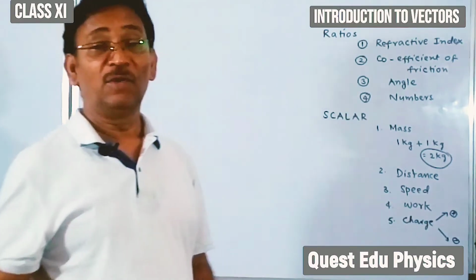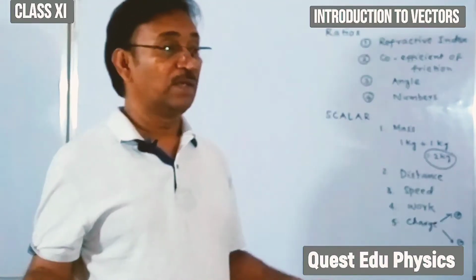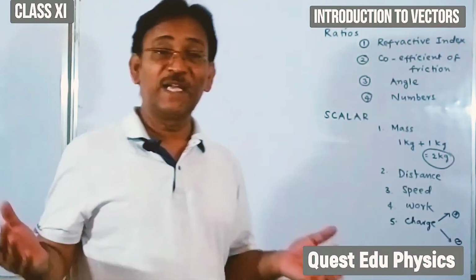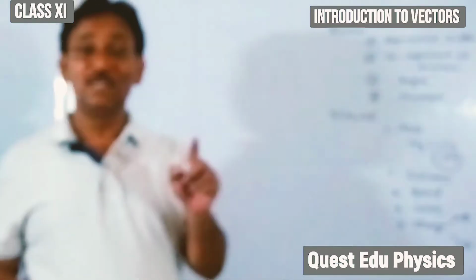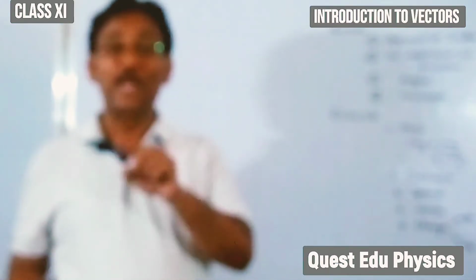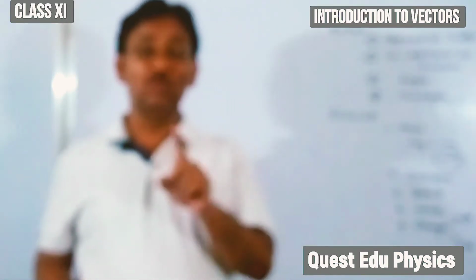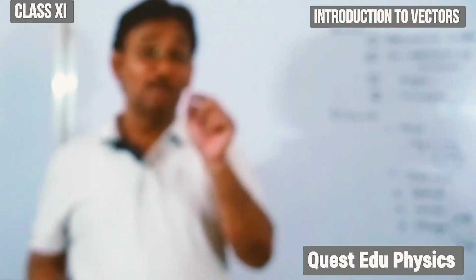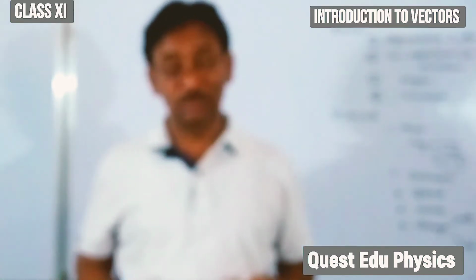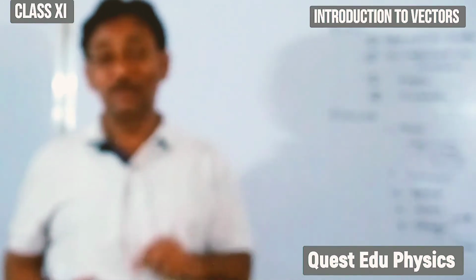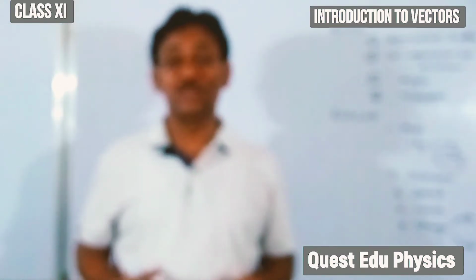Then what is a vector? You have to understand now. What is a vector quantity? A physical quantity which has both magnitude and direction. It's not completed yet. It also has to obey the triangular law of vector addition.